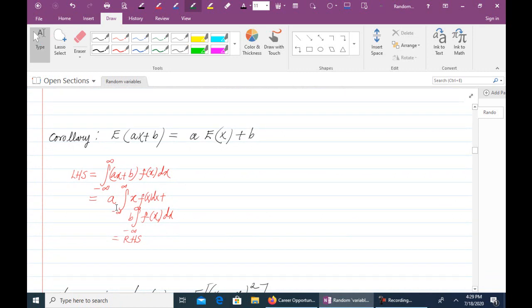So we get a times the integral of x f of x dx plus b times the integral from negative infinity to infinity of f of x dx, which is exactly the right hand side, because the second integral here is just 1, since that's the total probability.